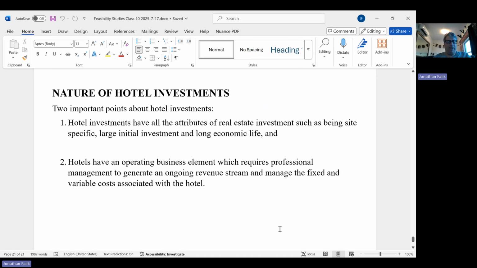So a final point here on the nature of hotel investments, right? Hotel investments are real estate investments, but also have an operating business component. Someone could be a very good real estate investor but not understand hotel operations and how hotels need to be managed, and that will not work well.